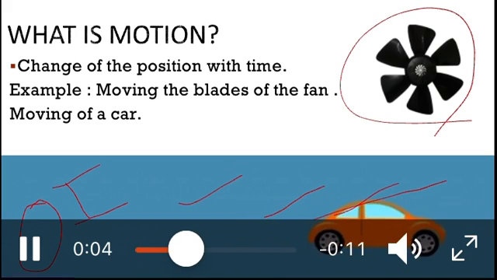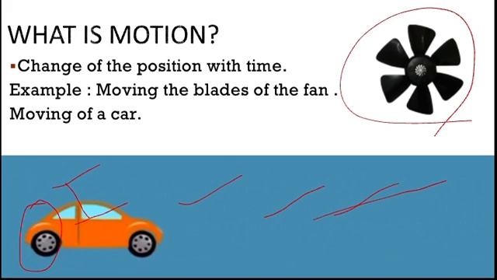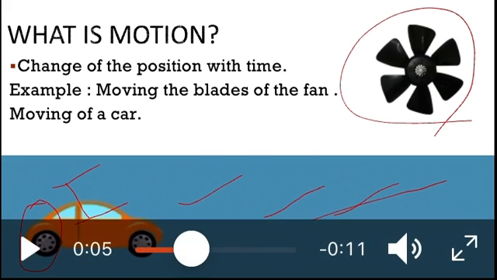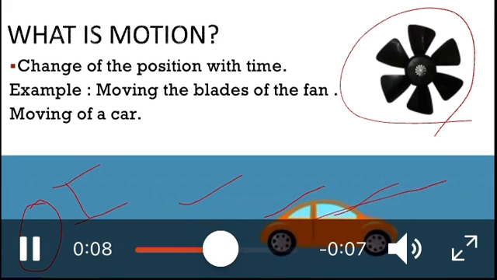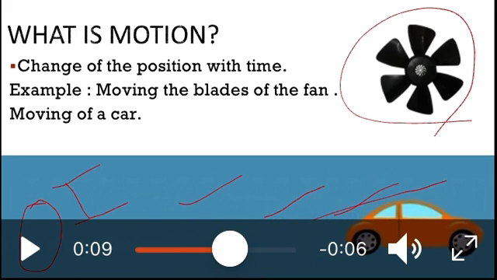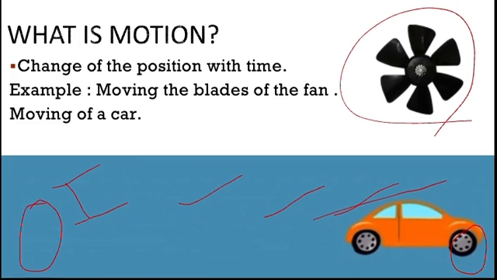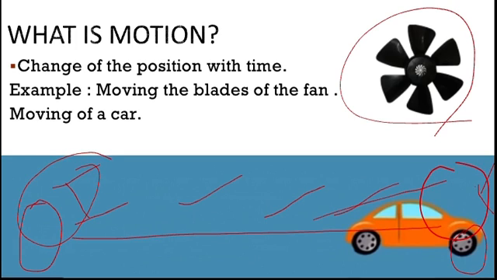Yes, so this is the final position of the car. It is continuously moving. From the initial position to the final position, in between, that is nothing but how it moves. It moves due to the motion, right?